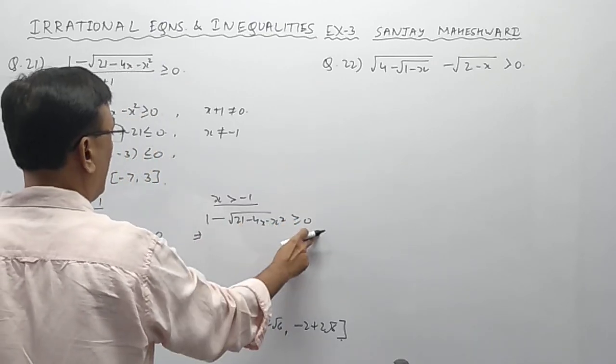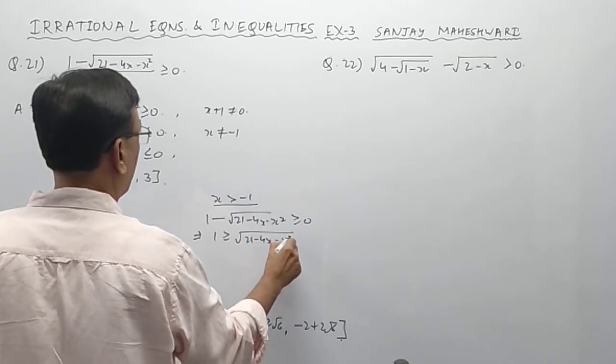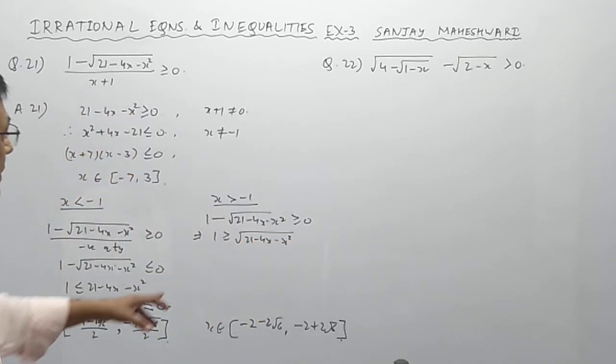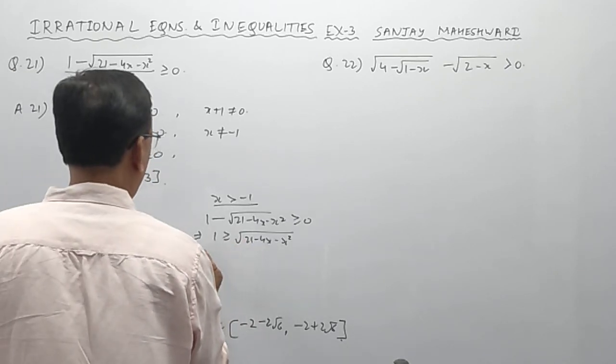Now we will take this to that side. The sign will remain the same, and since both the quantities are positive, it can be squared.